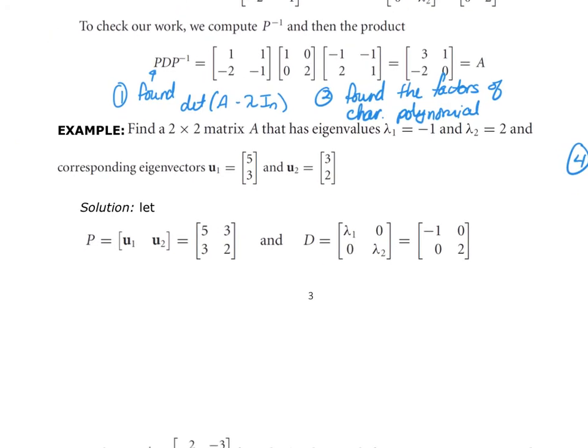Okay. So now we want to find a 2 by 2 matrix A that has these given eigenvalues and these corresponding eigenvectors. So what they're doing is these are the columns to the P or S, if you will, and my D or B is going to be those lambdas on the diagonal.